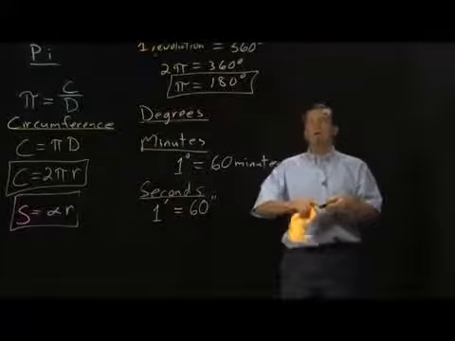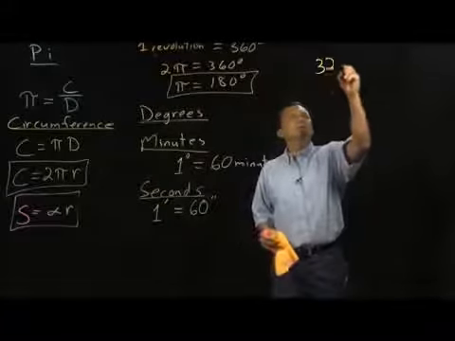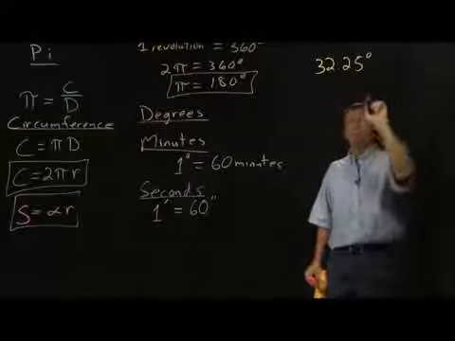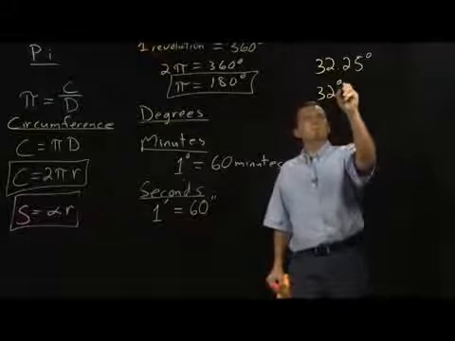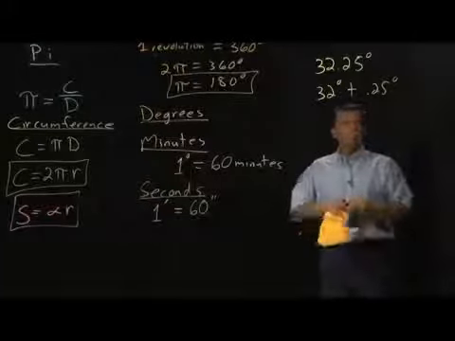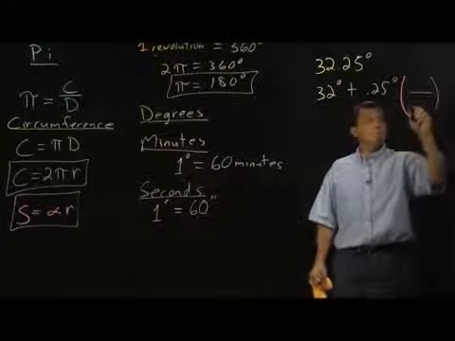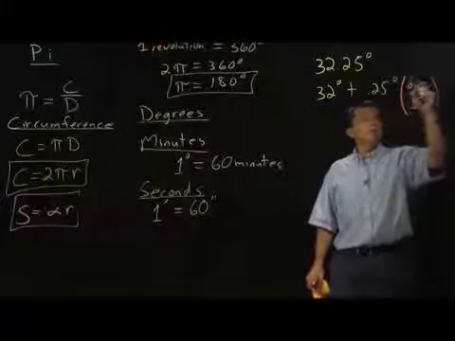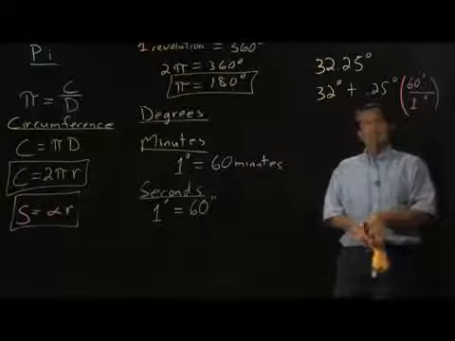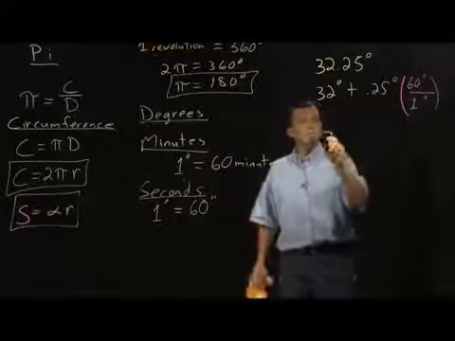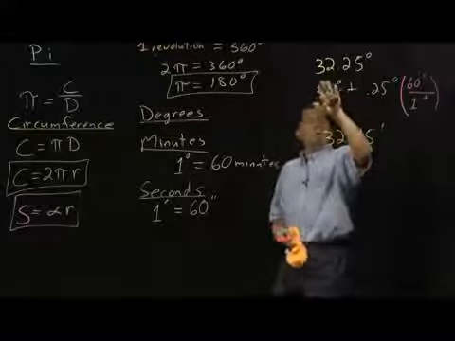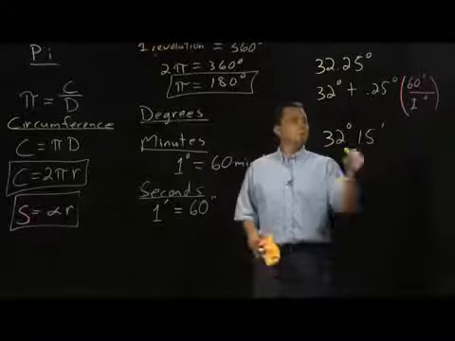So if I have 32.25 degrees, and we want to write that in terms of degrees and minutes, this is really 32 degrees plus 0.25 degrees. You're going to use your conversion of 60 minutes per 1 degree. Grab your calculator or do the fraction, and 0.25 times 60 is 15 minutes. So you end up with 32.25 degrees is 32 degrees, 15 minutes.